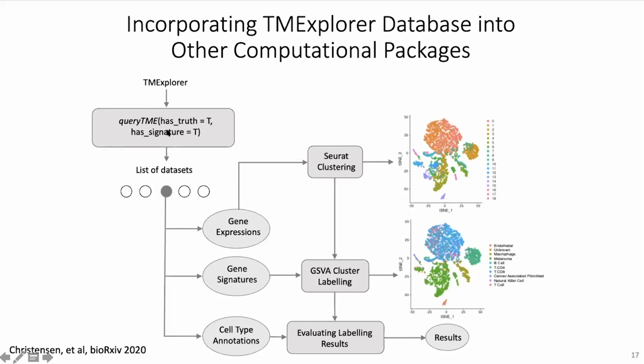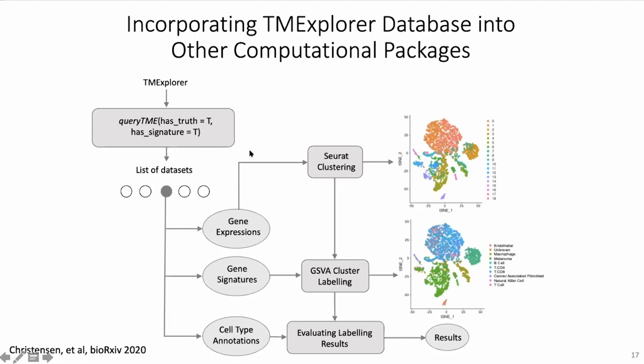And also you look at the datasets for which we have the gene signatures available. This provides you with a set of datasets with these criteria. And then you can look at different values or different datasets out of that. So you can get the gene expression, gene signature, and cell type annotation.